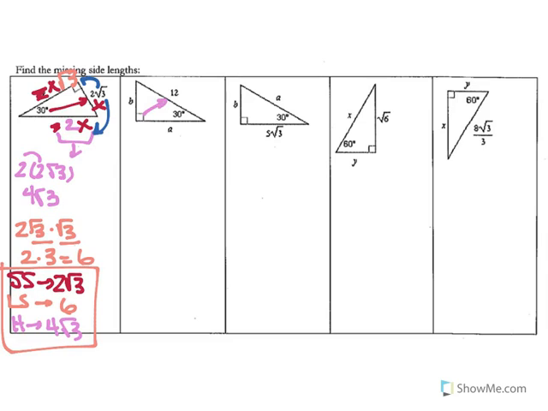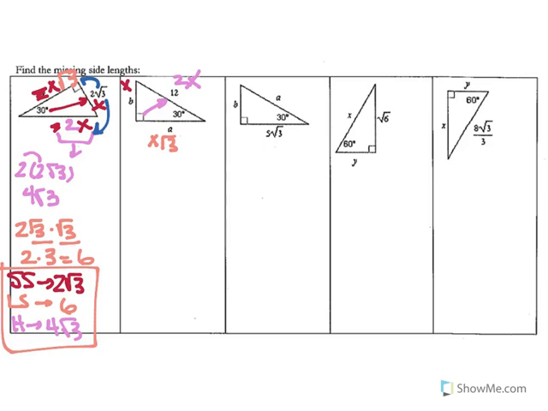Okay, if I'm looking at the next example, my side that's given to me is the hypotenuse. It's the side across from the right angle. That's your 2x side. The side across from the 30 is your x side, and the side across from your 60, which is the non-existent angle, is your x root 3 side.